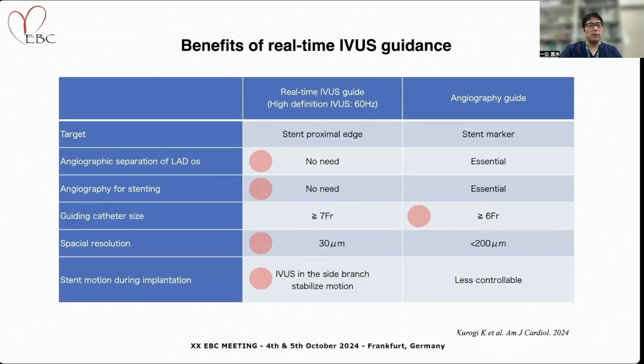And these are the benefits of real-time IVUS guidance compared with angiographic guidance. First, real-time IVUS has no need for angiographic separation of the LAD ostium. Second, IVUS is superior in spatial resolution compared with angiography. And third, the IVUS in the side branch stabilizes the system and reduces motion during stenting.